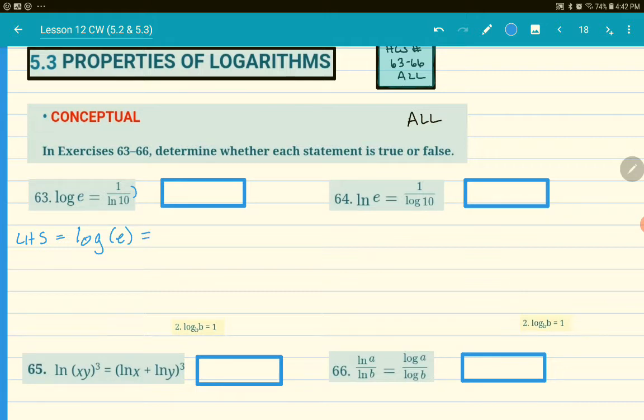So I'm going to apply the base change formula to this. So I'd get the natural log of e over the natural log of 10. That's my base change because there's a 10 here. That's the common log.